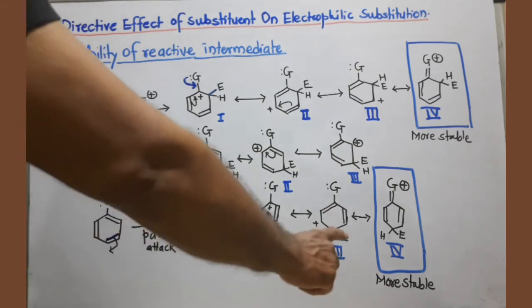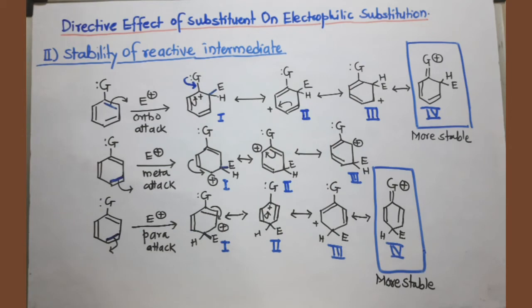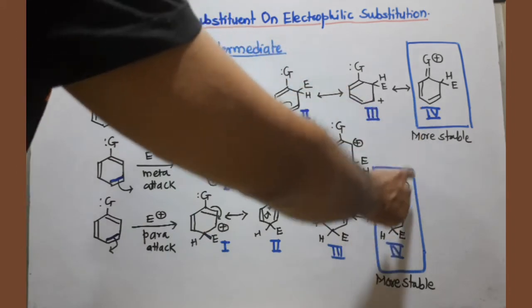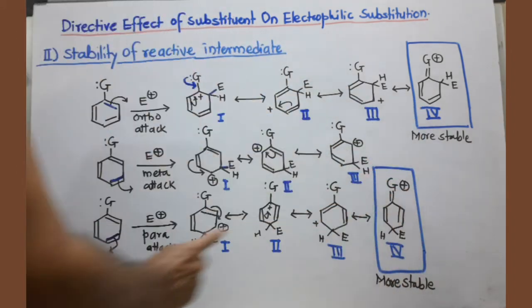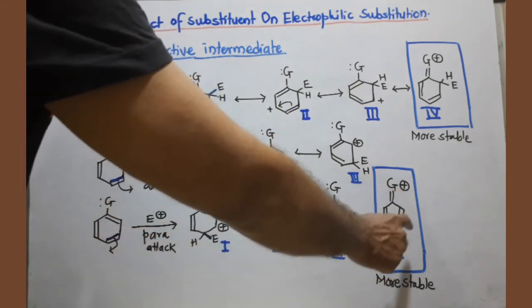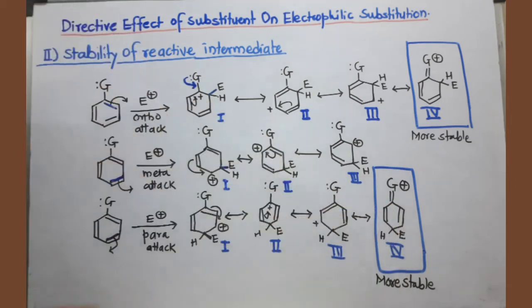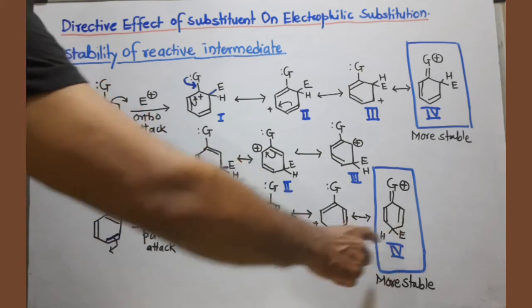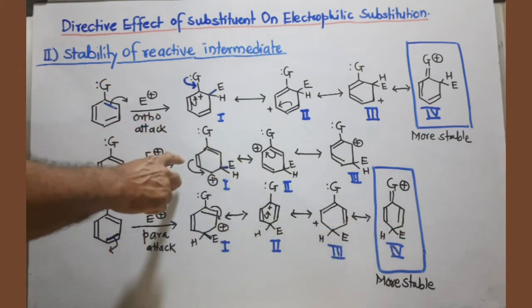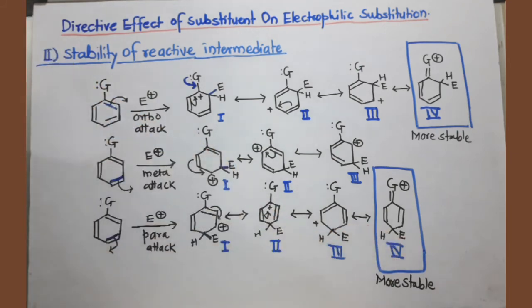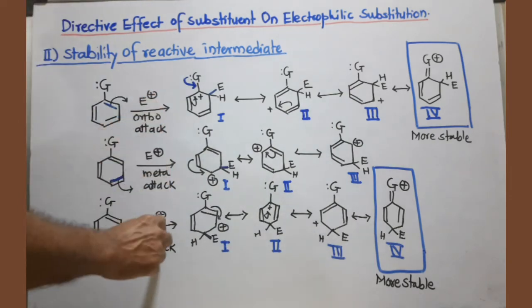You can draw different resonating structures by just moving the adjacent pi bond or a lone pair present on this atom. A similar kind of more stable structure generates here for para attack, where all atoms have 8 electrons, means octet. Because this is a more stable structure, and we get 4 resonating structures. So as compared to meta attack, for para attack also there are 4 resonating structures as well as 1 more stable structure, as observed for ortho and para attacks.